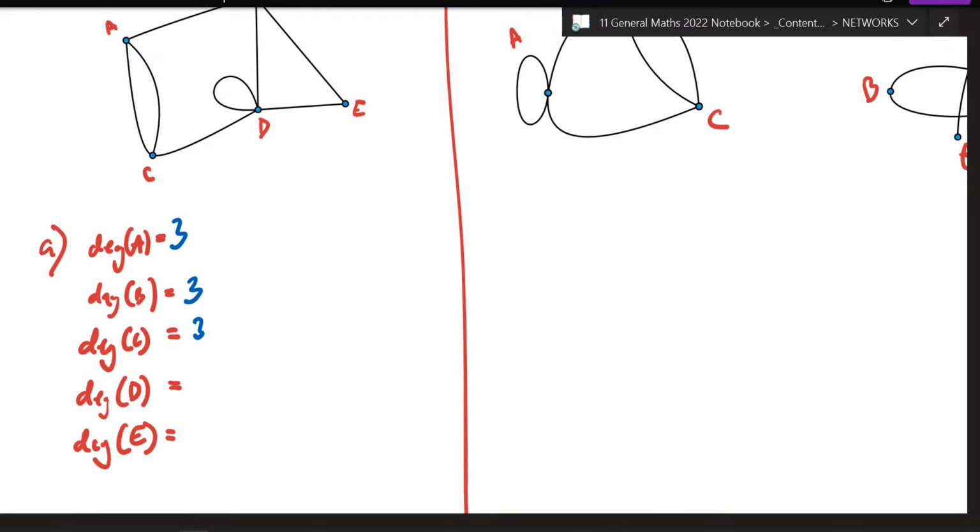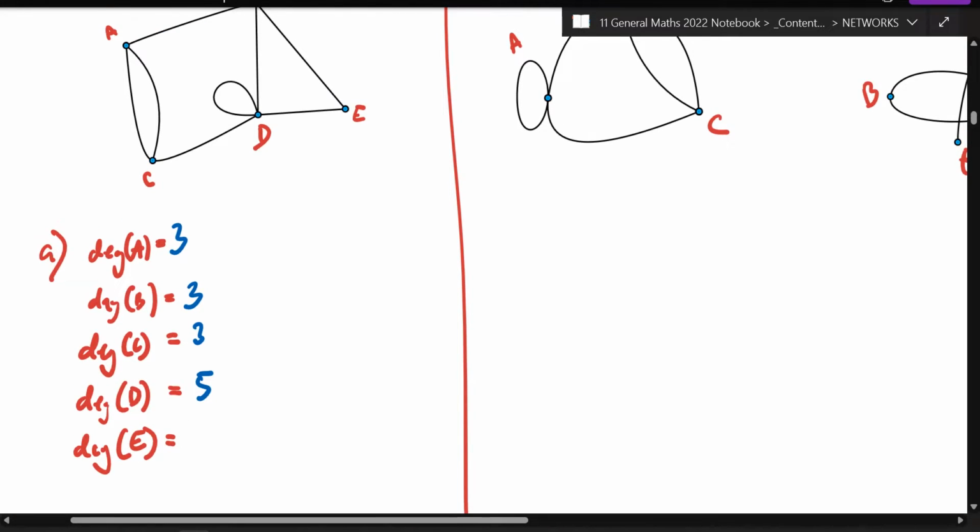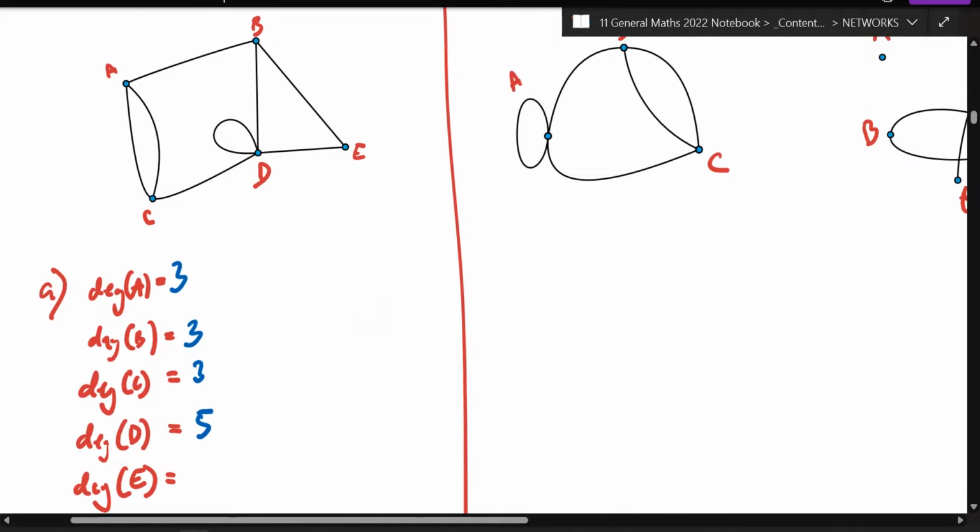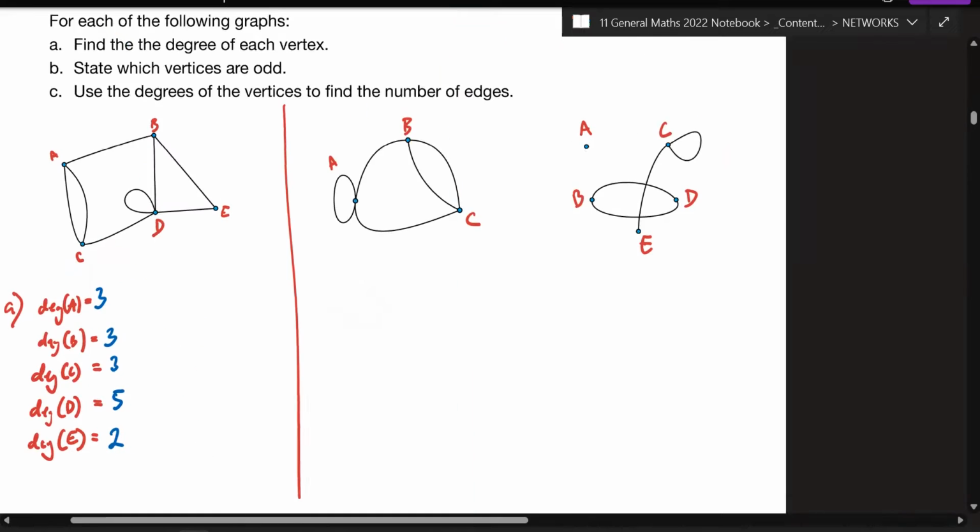So the loop counts as 2, right? Correct. 5. Very good. You got 1, 2, 3, and this loop counts as 2, so 5. What's the degree for E? Good, 2. So that's that.